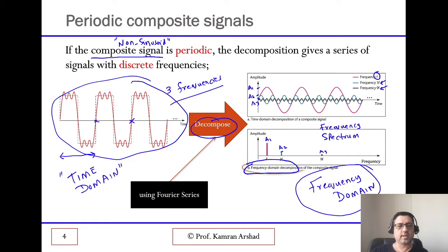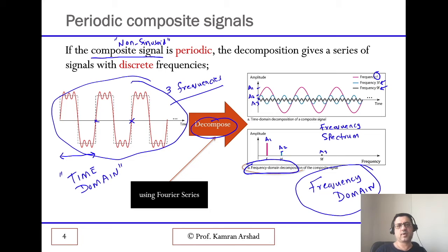If you have a computer, then you can draw a sine with amplitude a1 and frequency f, draw another sinusoid with amplitude a2 and frequency 3f, and another sinusoid of amplitude a3 and frequency 9f, and then yes, you can add them together and get this shape back, and then you can see how the signal is behaving. But if I show you the frequency domain of a signal, it's almost impossible to visualize how the signal is behaving in the time domain.